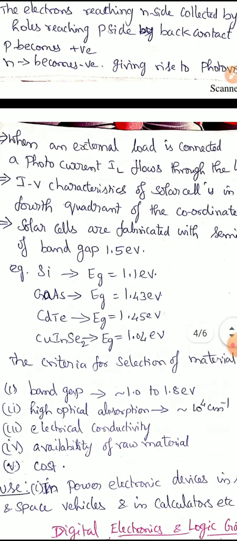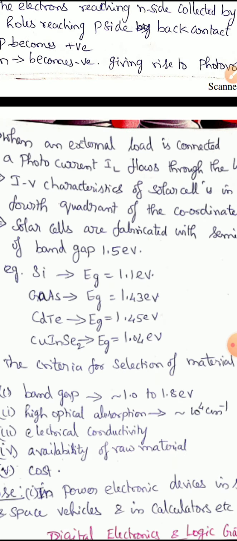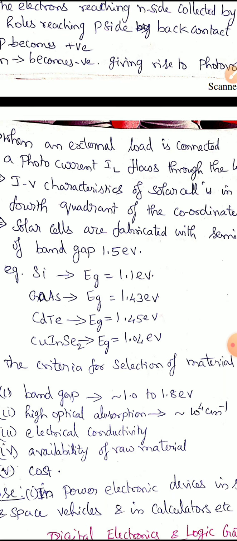Silicon has an energy gap of 1.1 electron volt, gallium arsenide has 1.43 electron volt, cadmium telluride has 1.45 electron volt, and copper indium selenide has 1.04 electron volt.